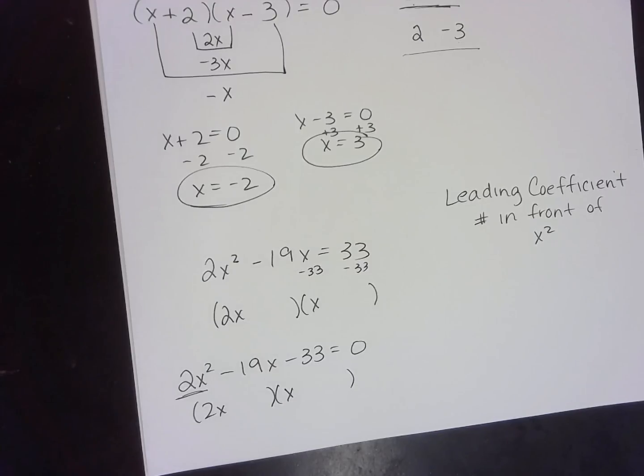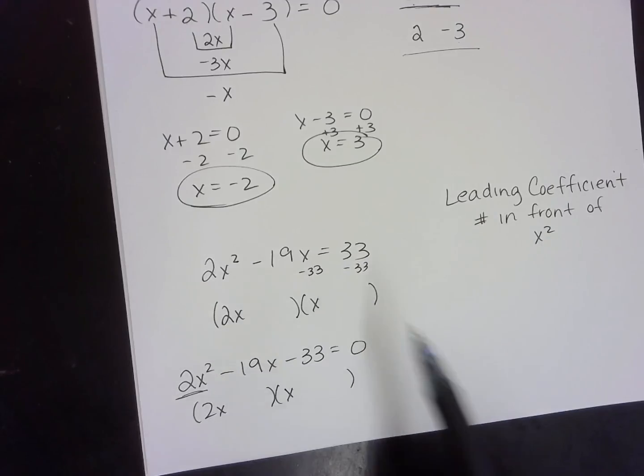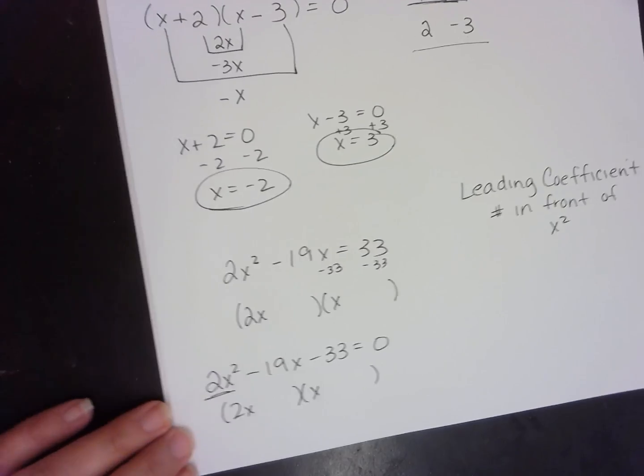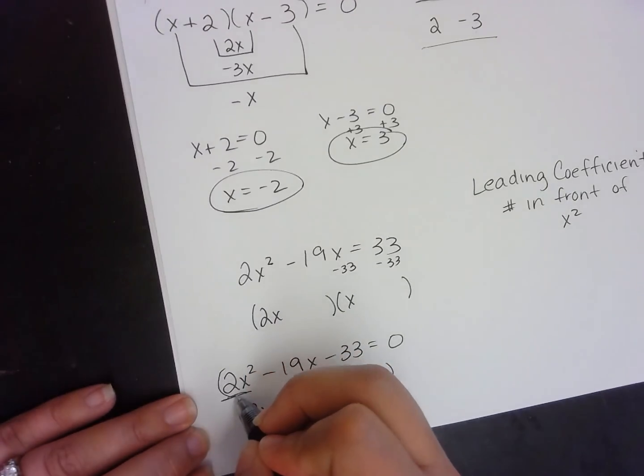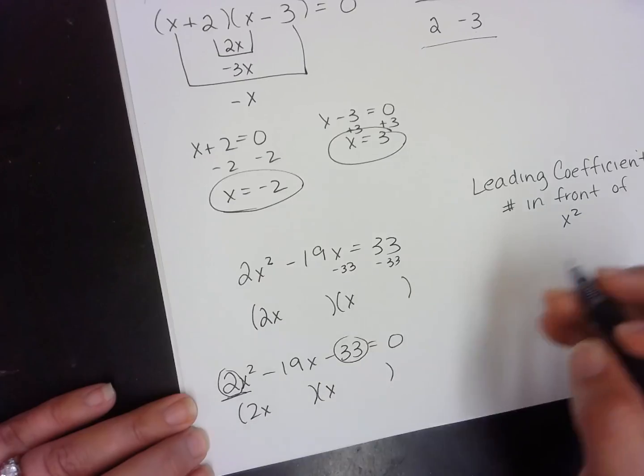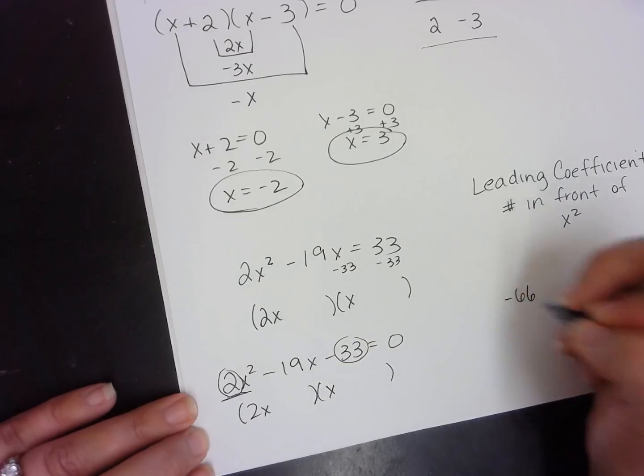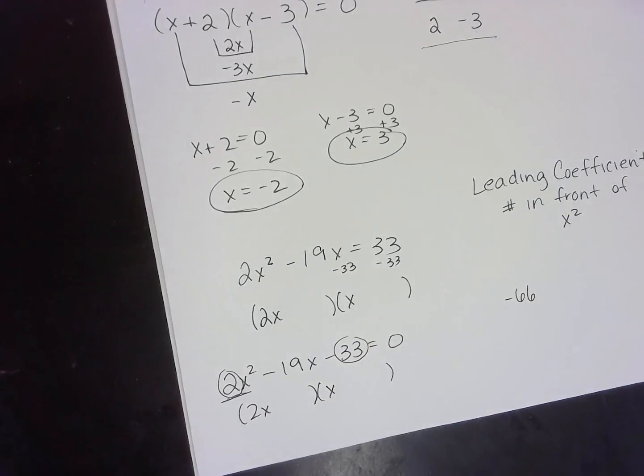Now I'm not going to put my signs in right now because I'm not sure which one's going to need the negative and which one's going to need the positive. But because of this 2, the way that it's multiplied in, we're not going to find factors of 33 that when I subtract one from the other I'm going to get 19. So instead we need to look at the leading coefficient times the constant term, which is 66, actually negative 66 if I include the sign.